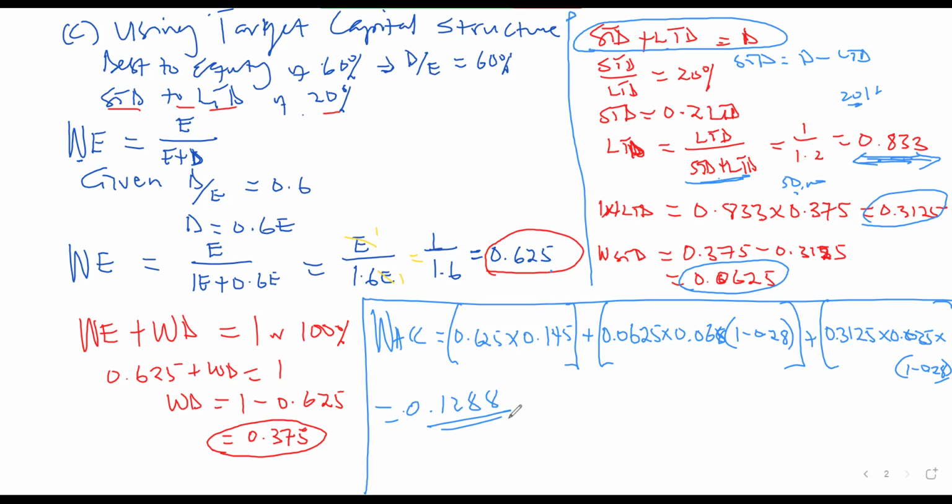So comparing the three, the market value weightings are more objective. If I have, for example, ordinary equity, I go to the market and find the current price per share, and I multiply that by the number of shares outstanding. It's objective. I can know the current value of debt.